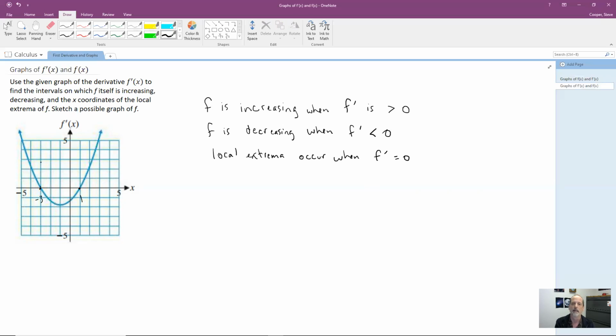We've got on the interval from -infinity until we hit -3, f prime is positive. It's above the x-axis.